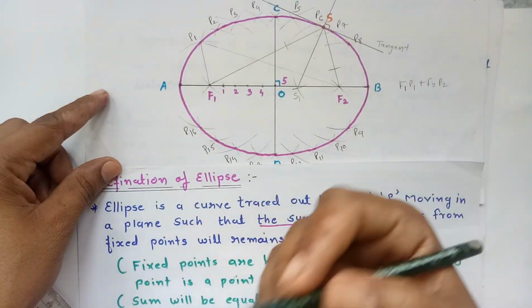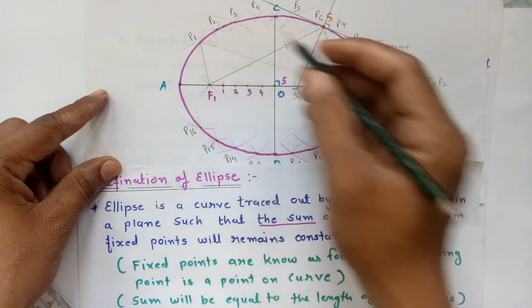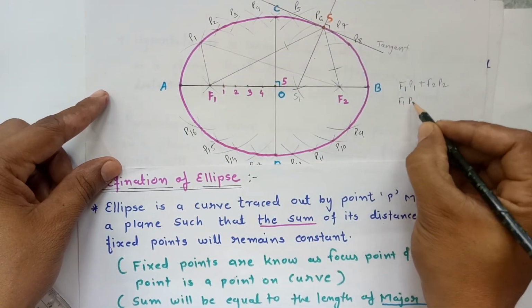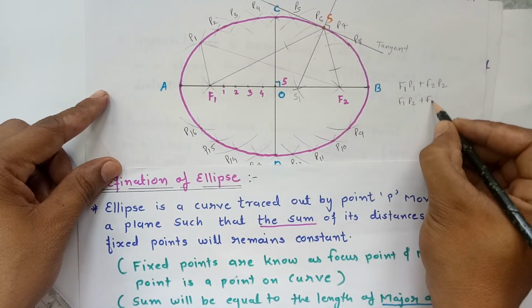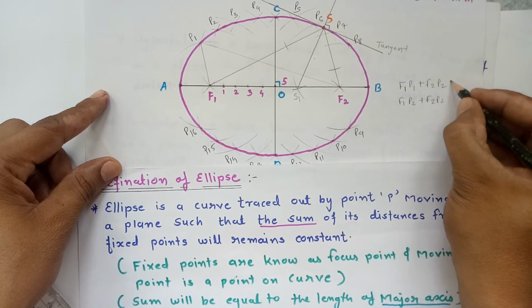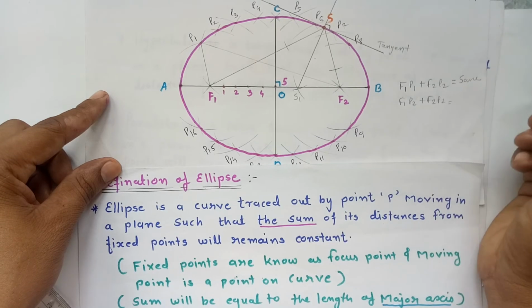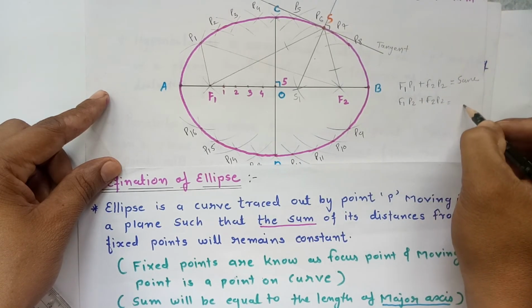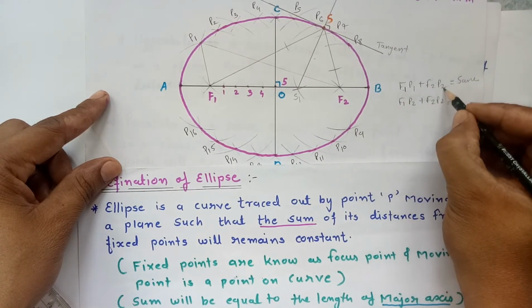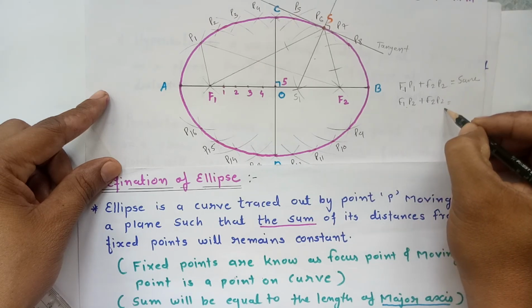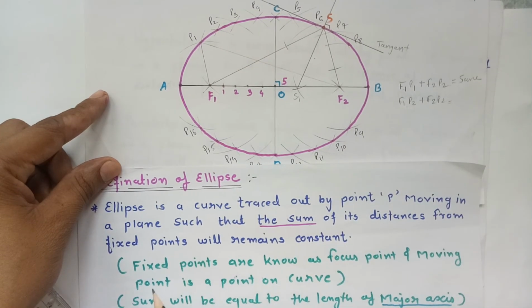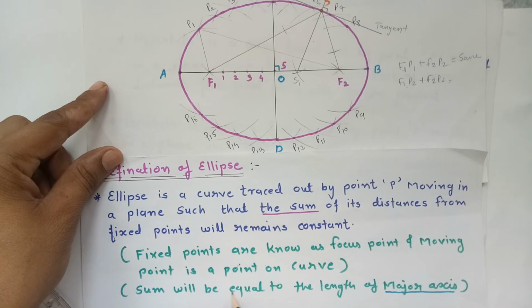Constant means if we take another point, P2, then F1P2 plus F2P2, both sums will remain the same. The summation will remain constant always, and the sum will be equal to the length of the major axis.